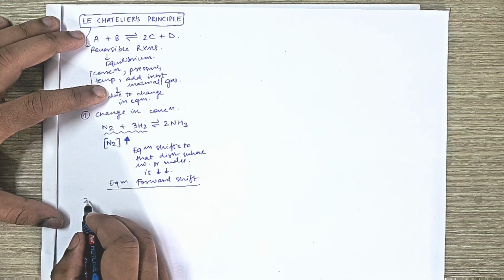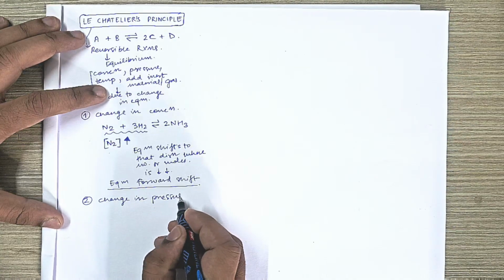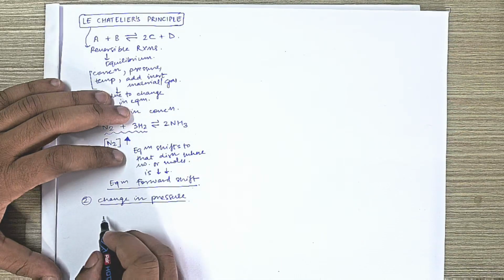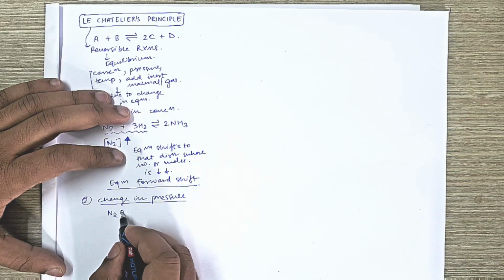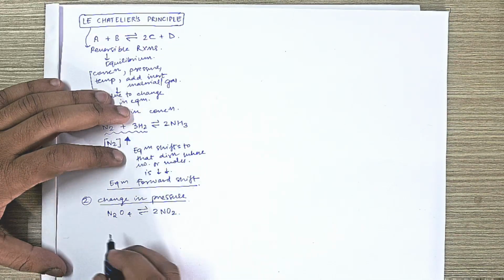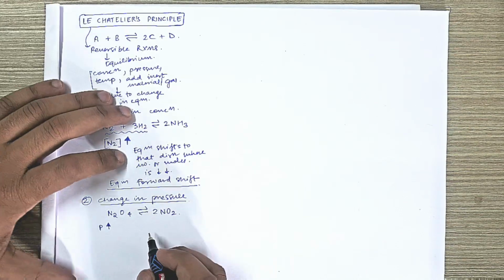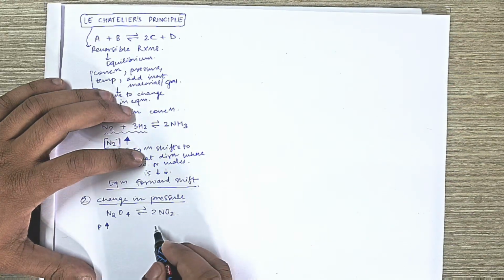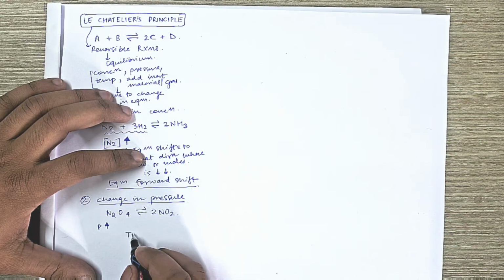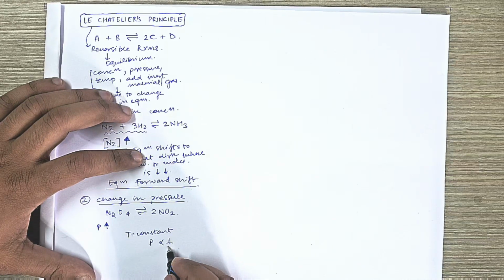Next is change in pressure. What happens when we change the pressure of any equation? Let us take an example, N2O4 that gives 2NO2. Here you are increasing the pressure. Any reaction here is happening when temperature is constant. So when temperature is constant, you can write that pressure is inversely proportional to the volume.